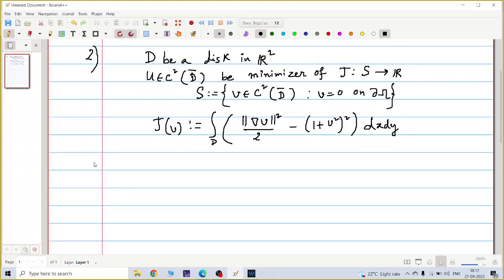I think you know the procedure. First we have to define one function h. We define h of t as the functional at u plus t v. Now, since u is the minimizer, the derivative of this is 0 at t equal to 0.